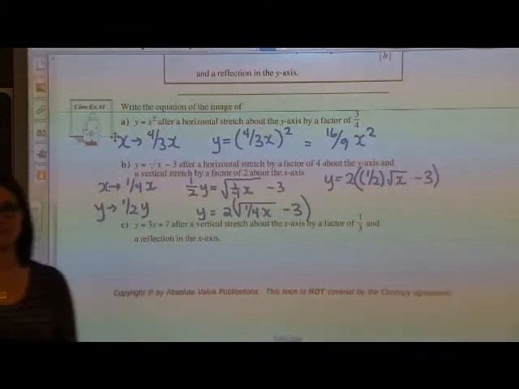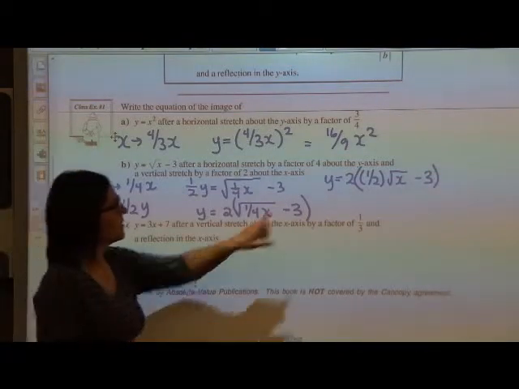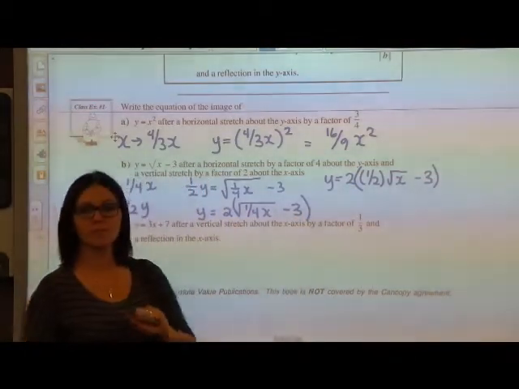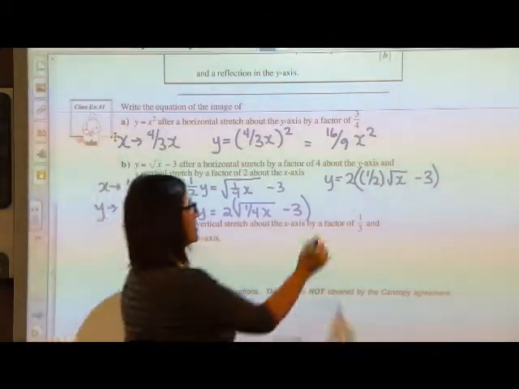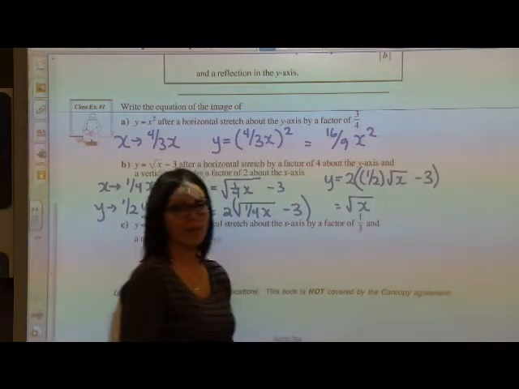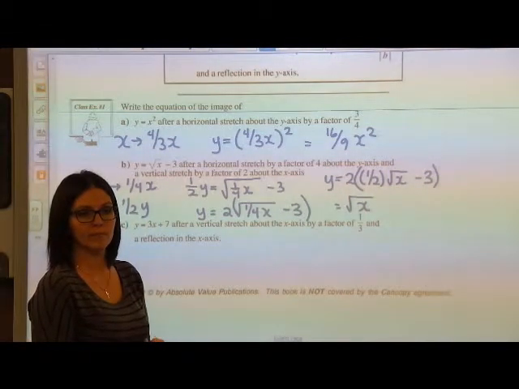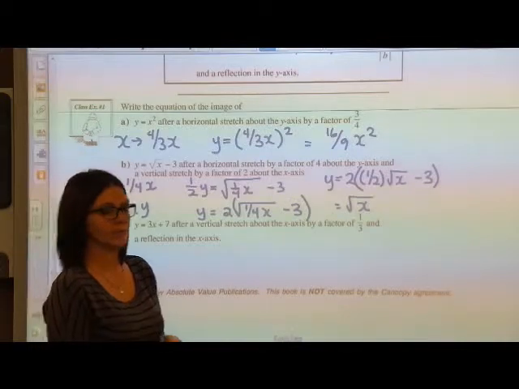Like that. So what's 2 times 1/2? 1. So I'm left with root x. And 2 times negative 3? Negative 6.